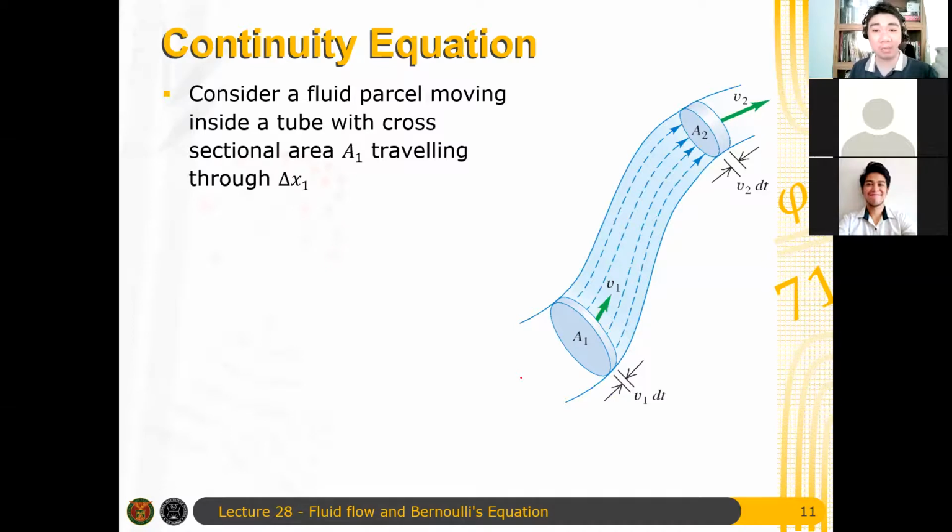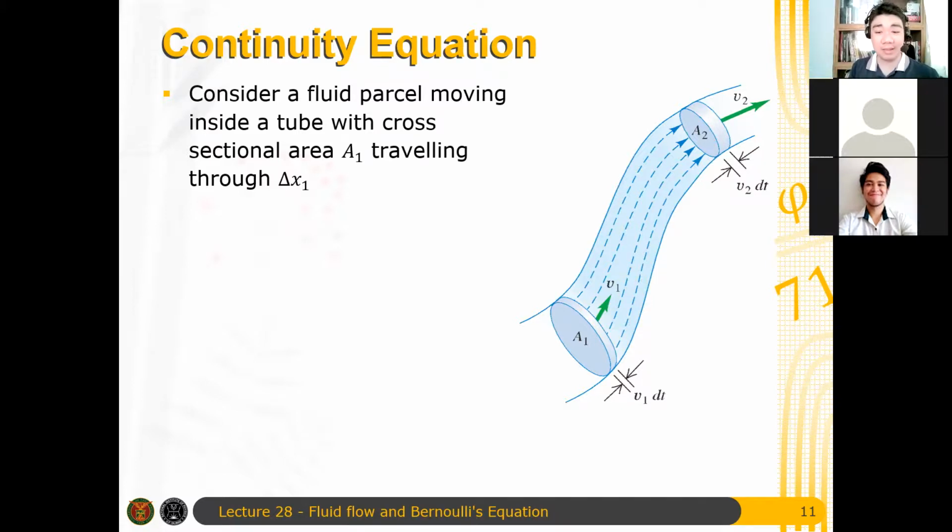In fact, what is equal here is the volume flow rate. The volume flow rate at A1 is equal to the volume flow rate at A2, because no mass is being lost there. Where would the water go?